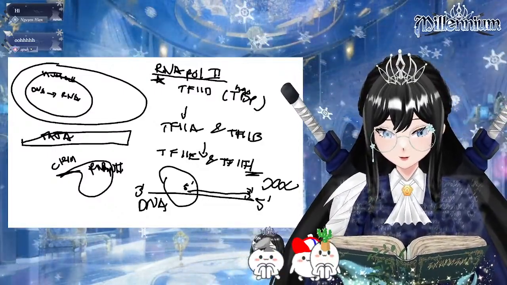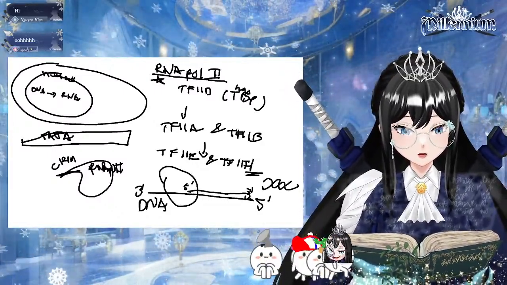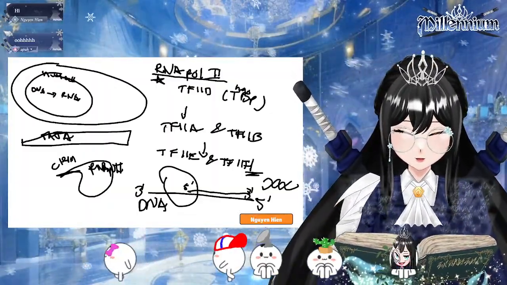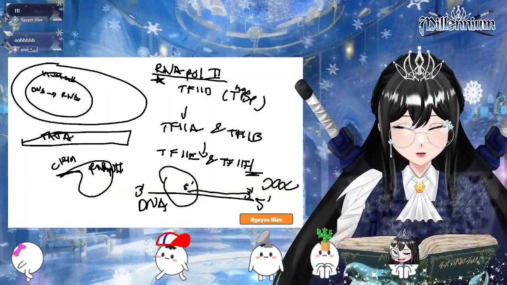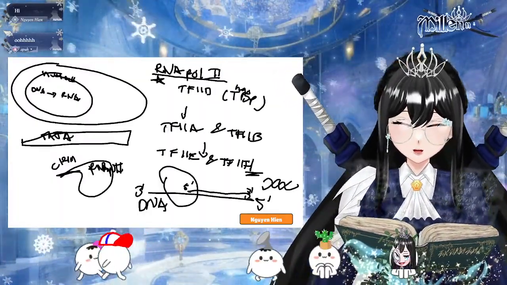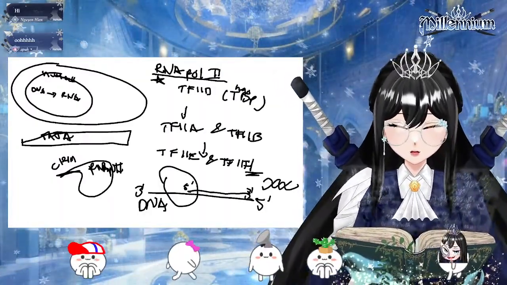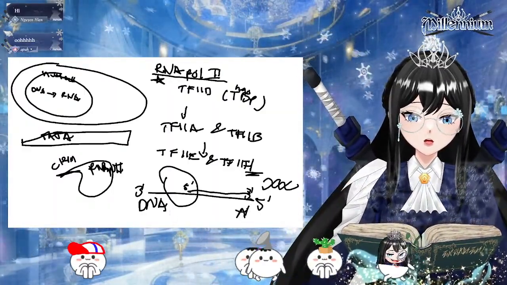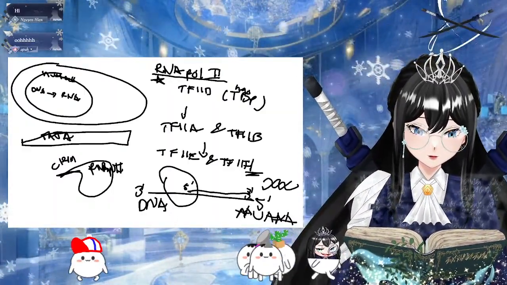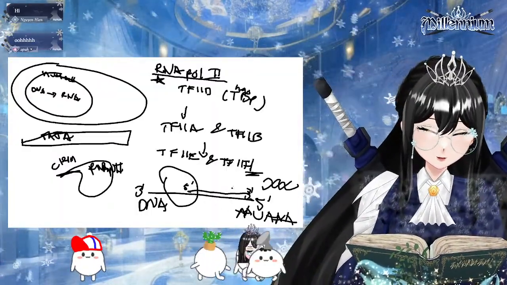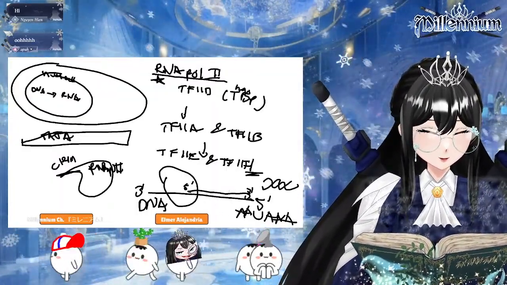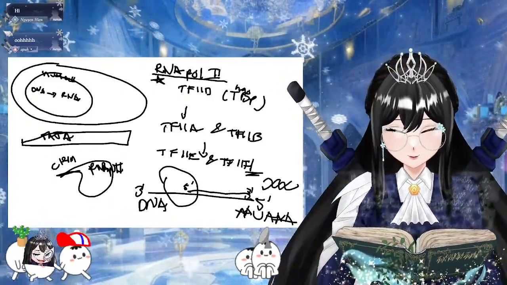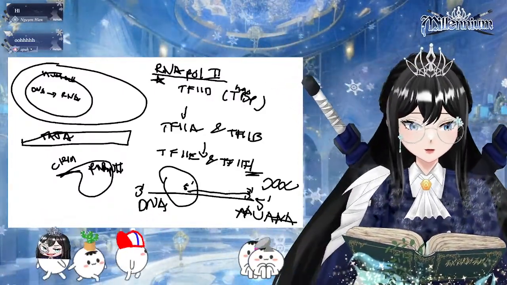There's no set termination sequence. It will just continue until there is a polyadenylation signal, the poly A, that's why you have to add the poly A tail later. After you have the signal, the RNA is cleaved, and then it is polyadenylated. Exonuclease will be the one to help with the endpoint.